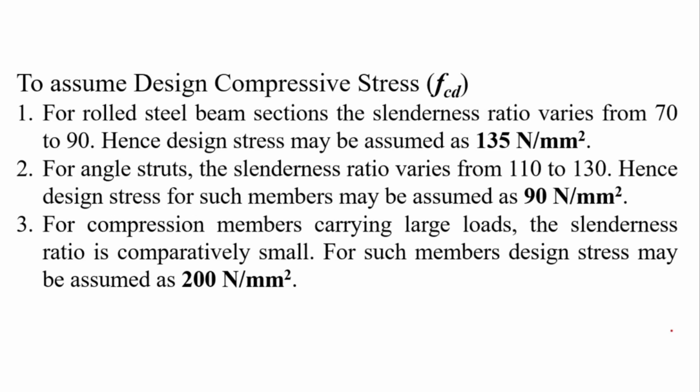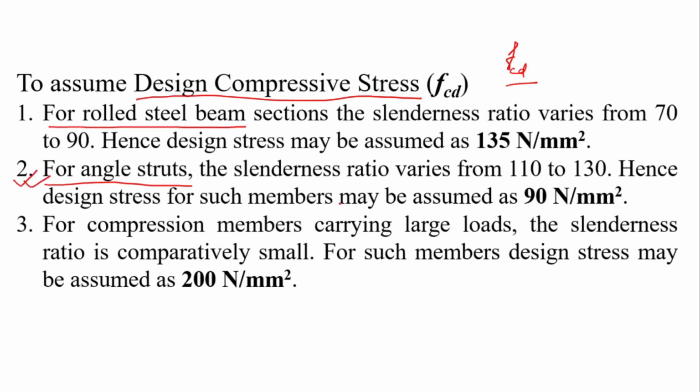Next, to start the design process, first of all we have to assume the design compressive stress of the steel member, which is denoted by fcd. To assume fcd, we have to remember some steps. The first step is for rolled steel beams, next is for angle strut. So here we have to follow the second point.